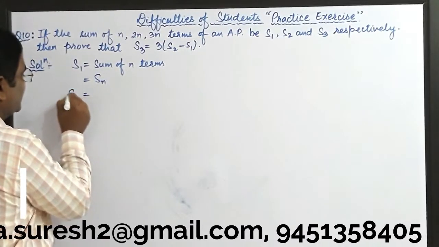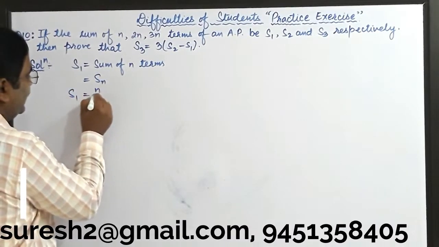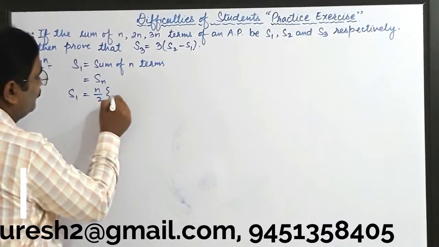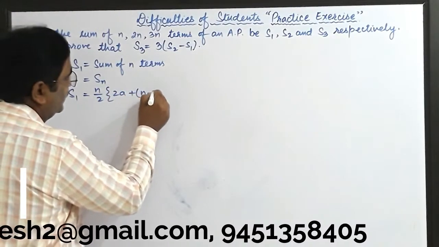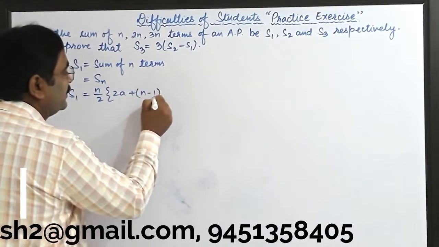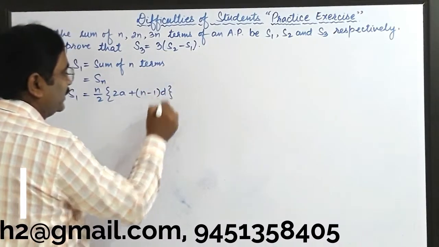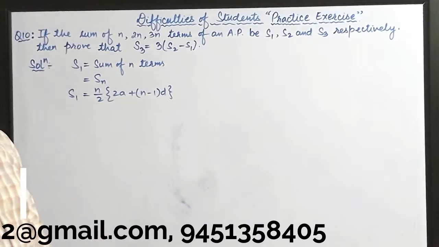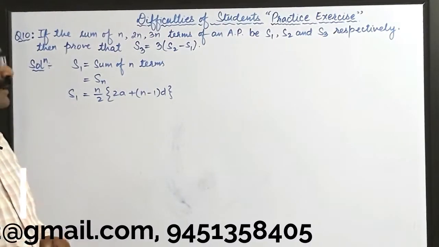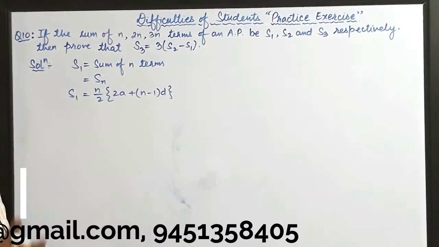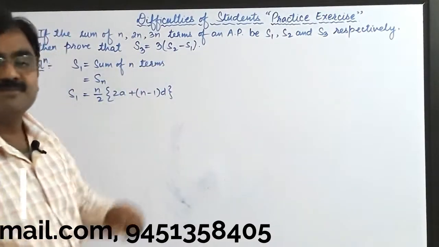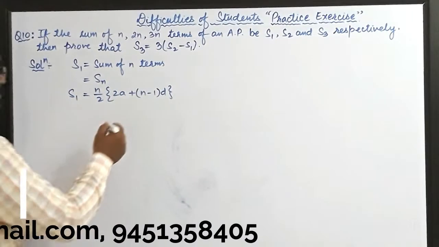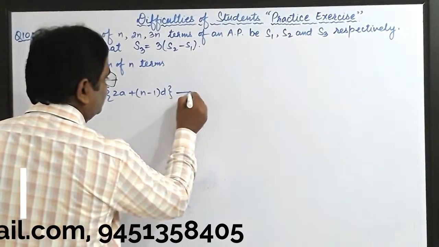Therefore, this S1 is equal to n upon 2 into 2a plus n minus 1 into d. It is the value of S1, right? Similarly, S2 is the sum of 2n terms. So say this is equation number 1.